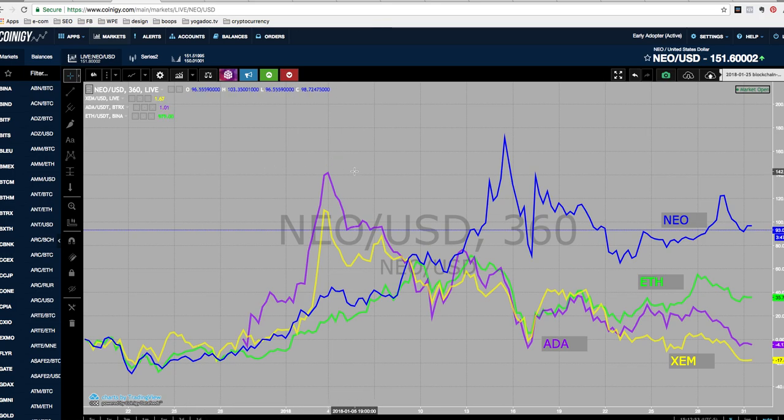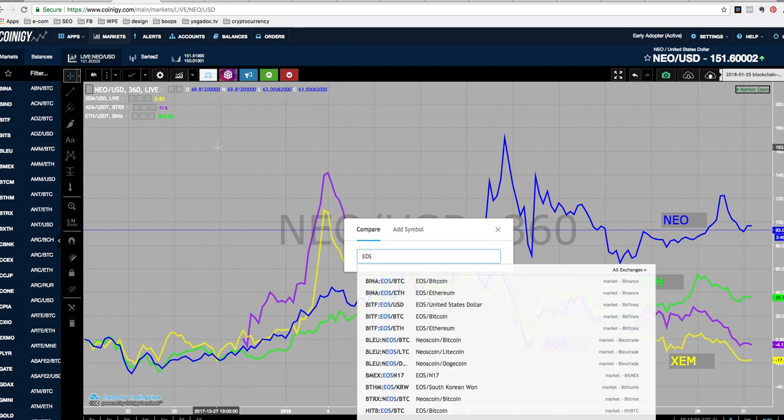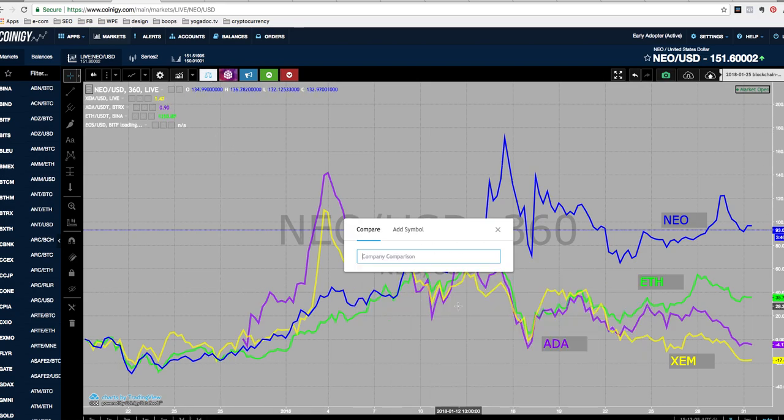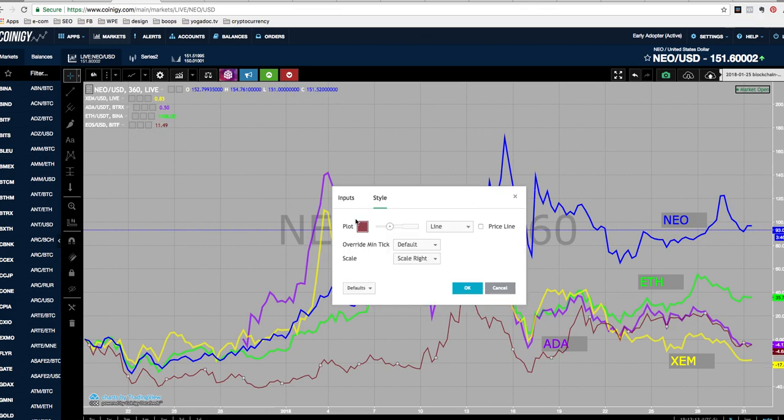So I'll go back to the chart where I'm doing my comparison, and I'm going to add EOS. I'll click on the compare button, search for EOS, and find a US dollar denominated EOS, and there it goes in brown. Maybe I'll change the color and make it a little bit thicker. Let's take a nice blue, and make it thicker.